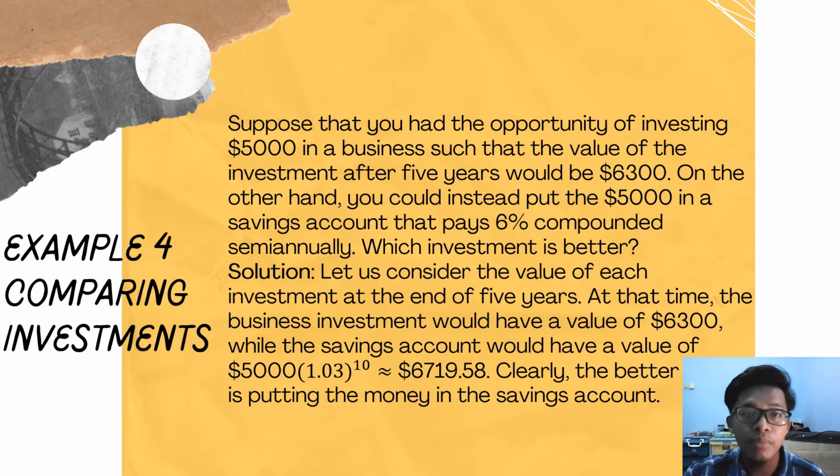At that time, the business investment would have a value of $6,300, while the savings account would have a value of $5,000(1.03)^10, which equals $6,719.58. So clearly, the better choice is putting the money in the savings account.